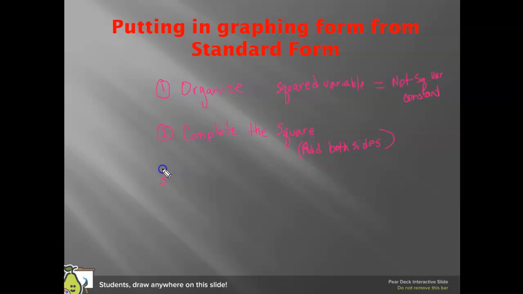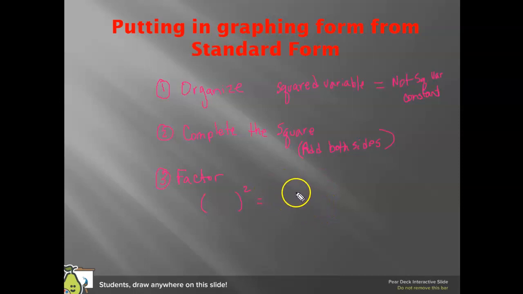And then just like with the circle, after we've completed the square, the next step is to factor. Because again, that was the point of completing the square. We want to factor this side so that it's a binomial squared. But we're also going to have to factor the not squared side of the equation.